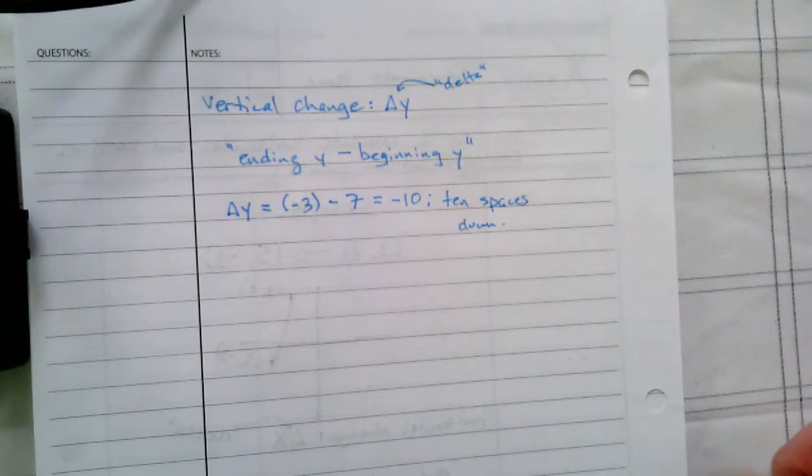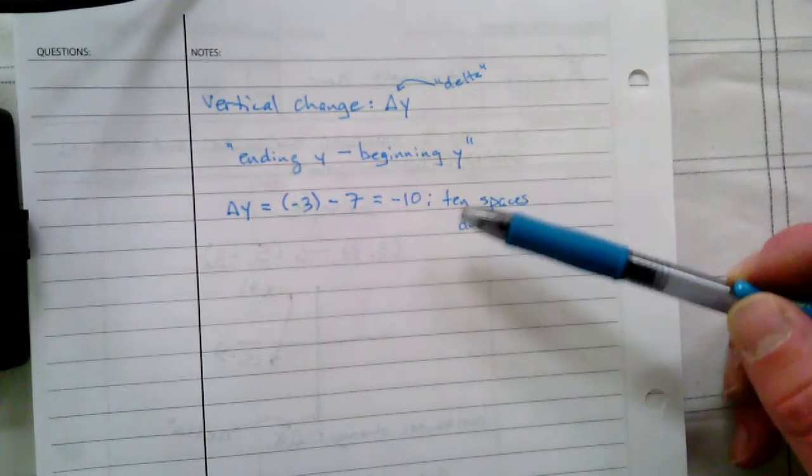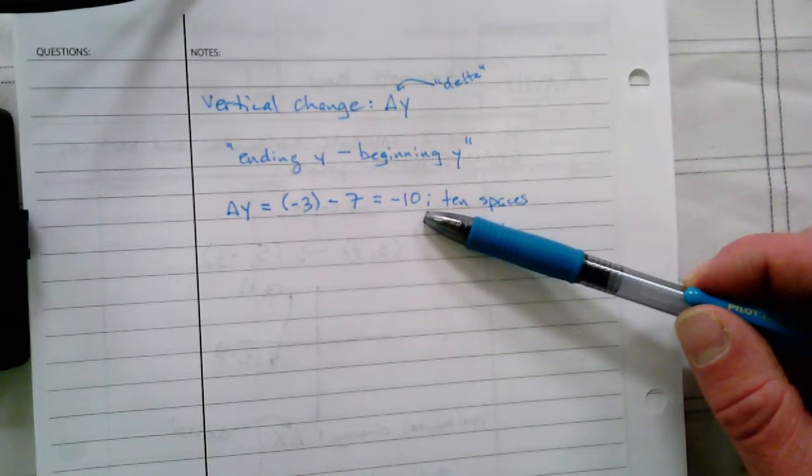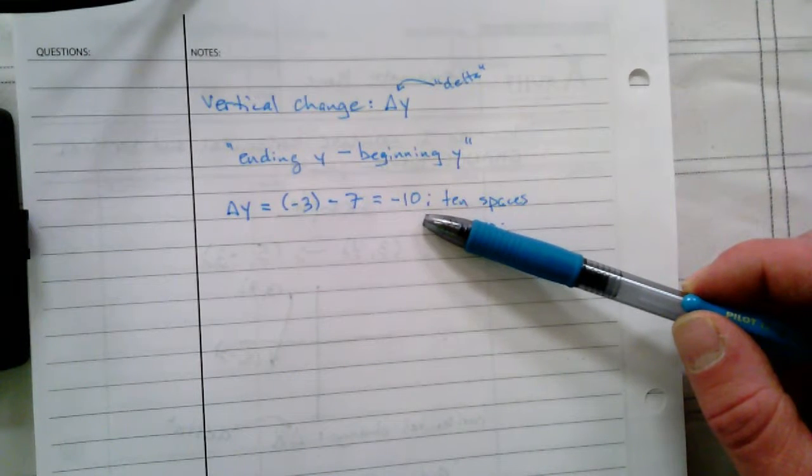This is the next thing I was going to talk about. Before, when we were calculating the distance between the points, in this case, the vertical distance between the points is positive 10 spaces because we never talk about distance as being negative. But here, we're not talking about distance, we're talking about distance and direction.